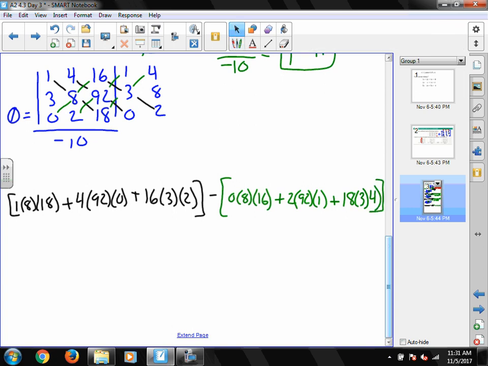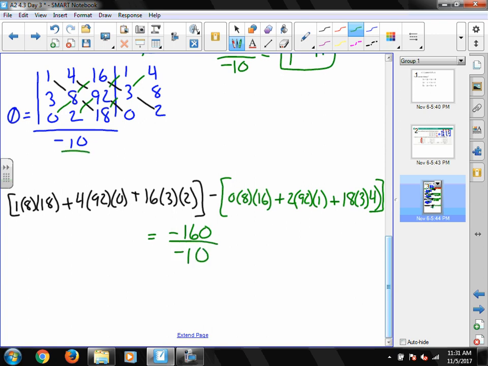And I simplify all of those. I get negative 160 after I subtract them. Again, divided by the negative 10 from there. Don't forget that. And you're going to get that 16 is the weight of oxygen. Again, matches up with your periodic table.